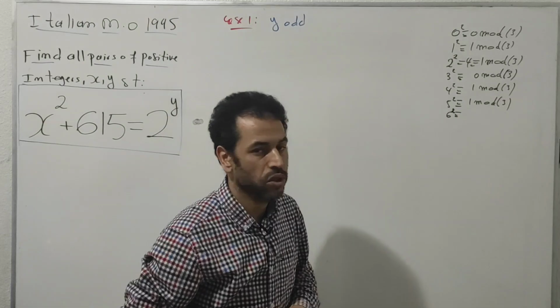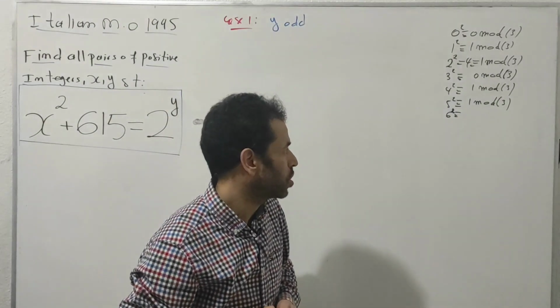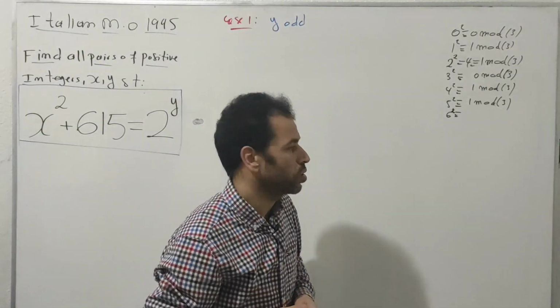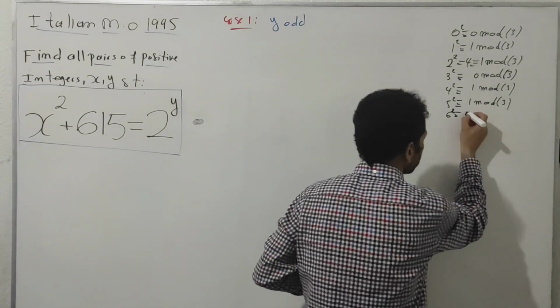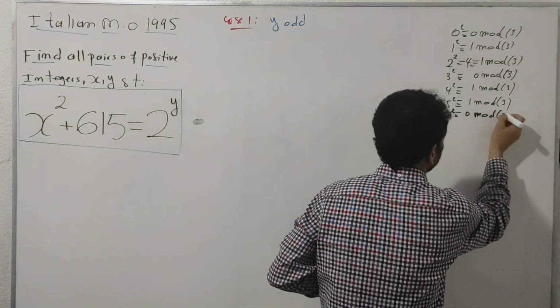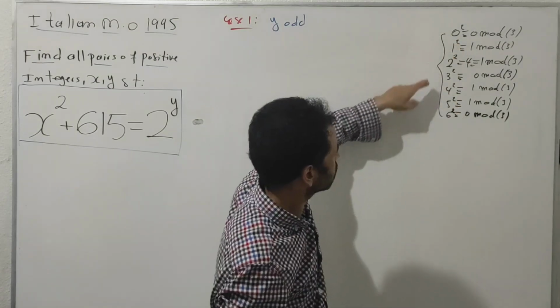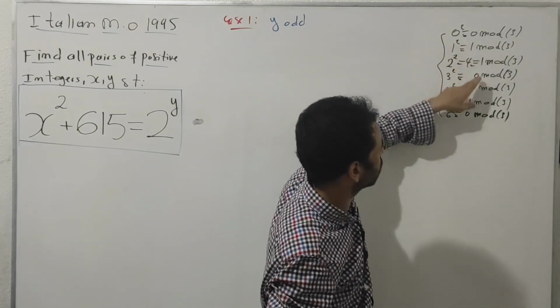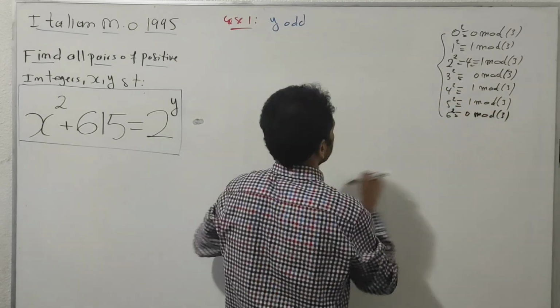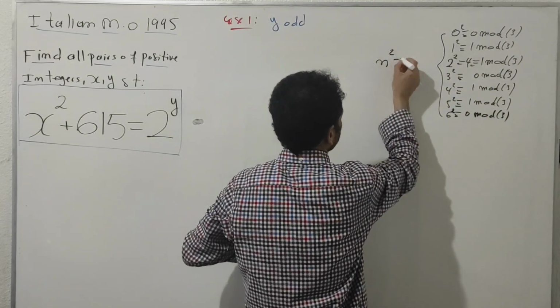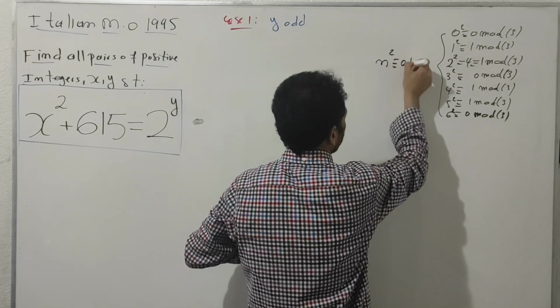For the next one, 6 squared is the same as 36. 36 is 0 mod 3 because 3 divides 36. So if you take a look carefully here, for n squared we have only 0 and 1 mod 3. So a perfect square is always 0 or 1 mod 3.